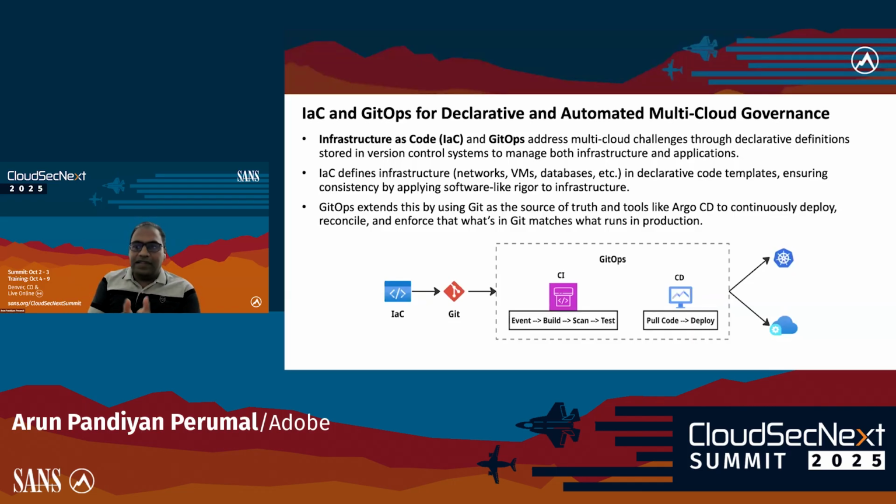Together, IaC and GitOps provide a declarative, automated way to manage both infrastructure and applications across clouds. That helps reduce human error, and it also strengthens security and governance.